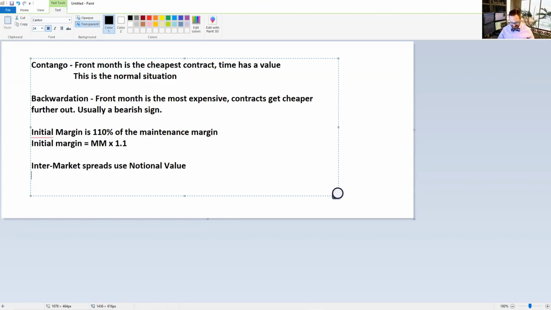I'll tell you what notional value is. Notional value is nothing more than the market value times the point value. Market value is what you see on the chart.